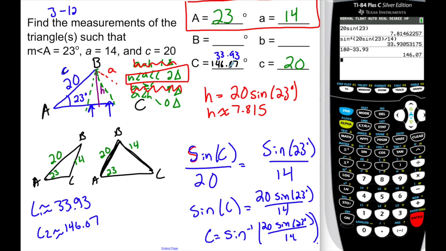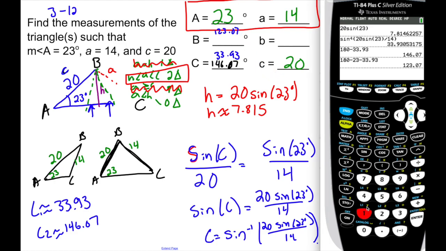Okay. So first of all, if C is 33.93, then B is 180 minus 23 minus 33.93. In other words, 123.07. Okay.